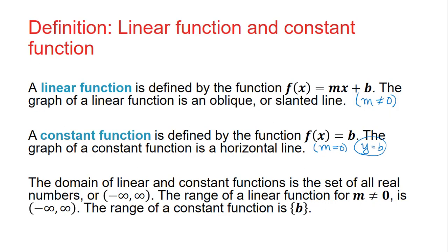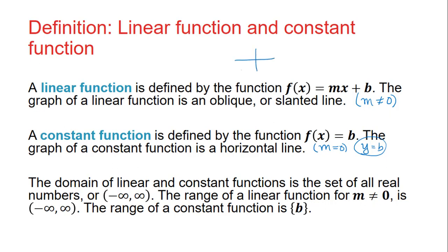Now the domain of linear and constant functions is the set of all real numbers, which is -infinity to infinity. There are no restrictions on what we can input into that function. The range of a linear function for m not equal to 0 is -infinity to infinity.